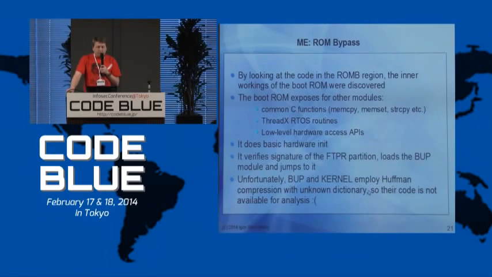For example, I found that it has C functions, it implements the ThreadX OS routines and various low-level APIs for accessing hardware. And I also saw how it boots. After doing some low-level hardware init, it verifies the signature of the partition, loads the bring up module and jumps to it.